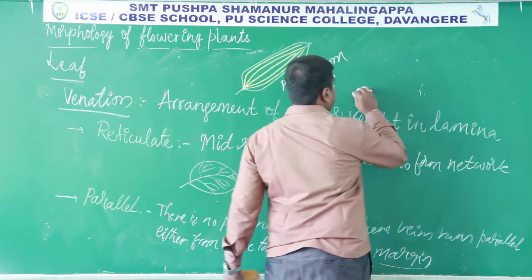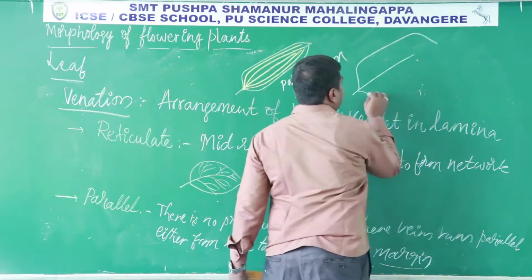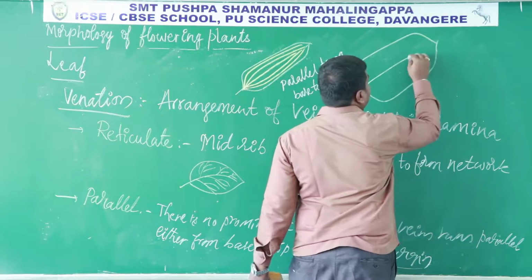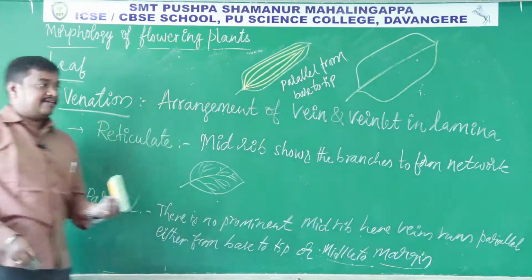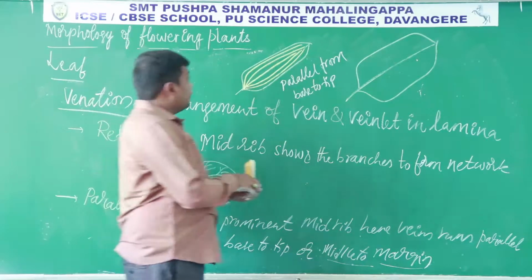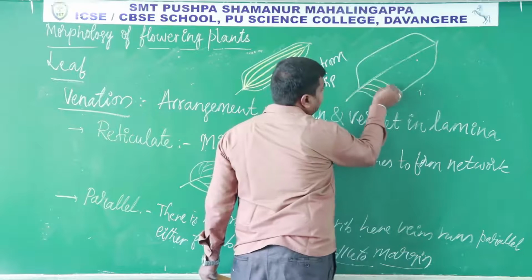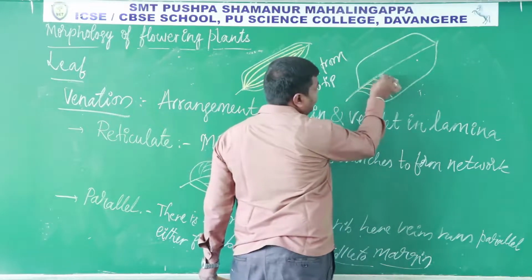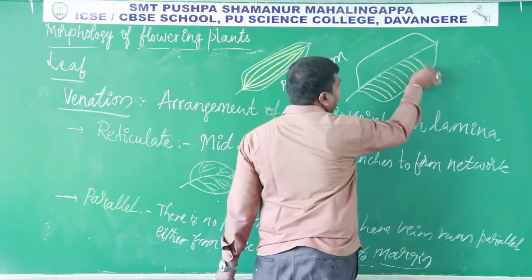In very few cases you can observe this kind. Not in all monocots, in very few cases where there is a midrib like a structure is there. ಒಂದು midrib ತರ ಸ್ಟ್ರಕ್ಚರ್ ಇರುತ್ತೆ. ಸೊ ಇದರಿಂದ ಈ ಮಧ್ಯದಿಂದ ಈ ರೀತಿ middle to margin veins are parallel.